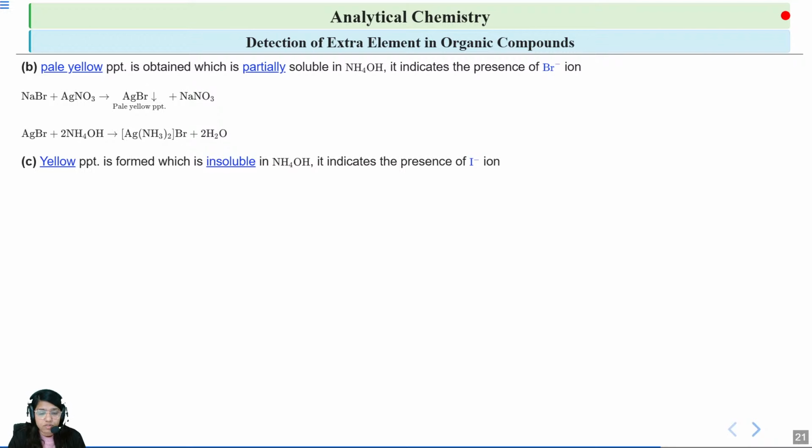Since AgI, silver iodide, is not soluble in NH4OH, this test is a reliable qualitative method to detect iodide ions, I- ions. This reaction here shows the formation of a yellow precipitate of silver iodide, AgI, when sodium iodide, NaI, reacts with silver nitrate, AgNO3.